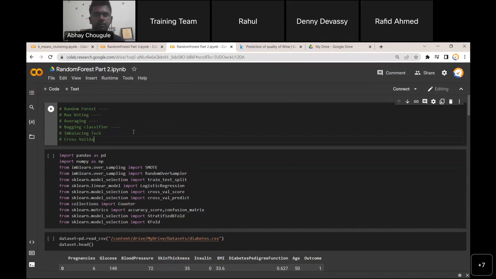These are the major points. Algorithms are important, not an issue, but these techniques help you to improve your accuracy and improve your trust in the model prediction. So do not miss learning about the cross validation technique and imbalancing technique. Imbalancing helps you to balance the data. Cross validation gives you the multi subset execution so that your accuracy will become stronger. You got it till now? Yes or no?